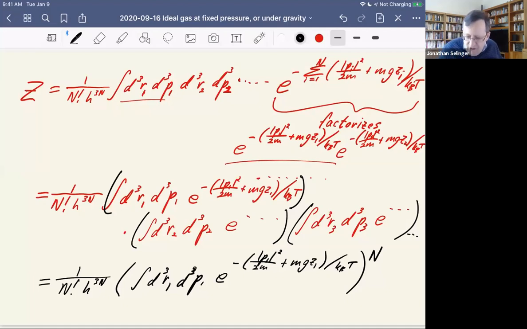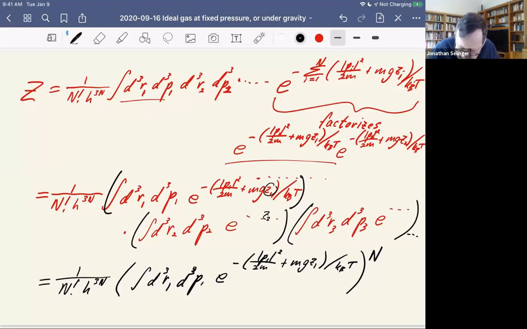So now this is a question. Is that assuming that all particles are the same height over the ground? It's assuming all particles have the same mass and experience the same gravitational acceleration, right? But particle 1 has a height z1, particle 2 has a height z2, right? But we're integrating over z1 and z2.